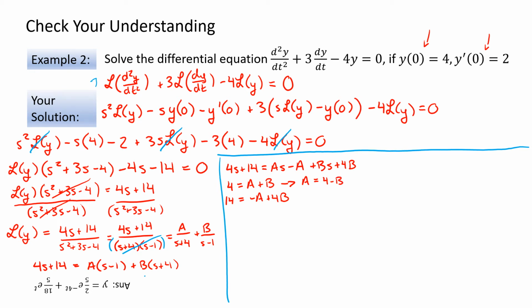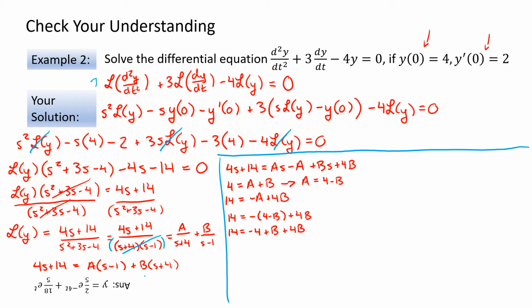So if we substitute it in, we get that 14 is equal to negative times what a is, 4 minus b, plus 4b. So we have 14 is equal to negative 4 plus b plus 4b.